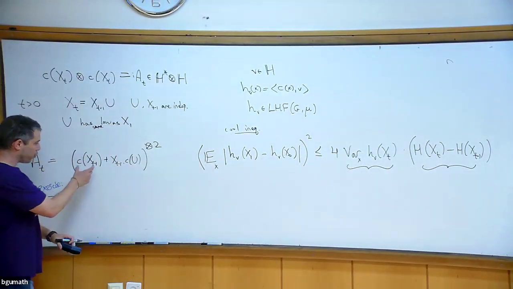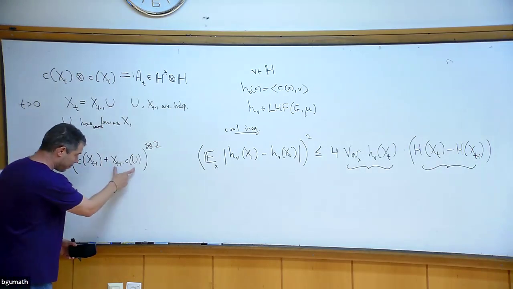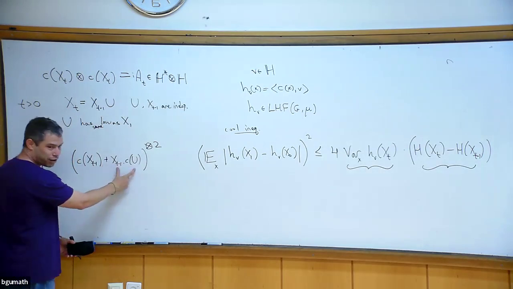So I can open this up linearly. What do I have? I have this tensor with itself, just like a product, and this with this, then this with this, and then this with itself.